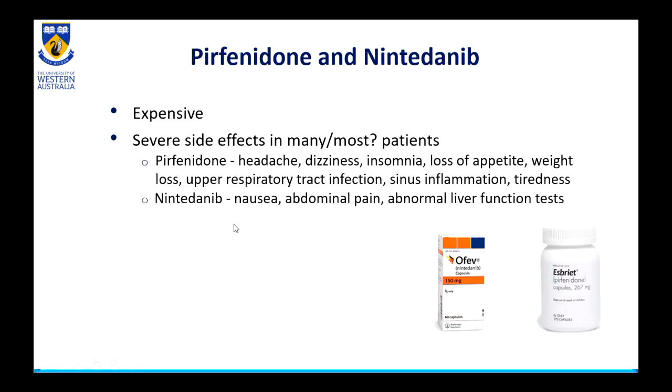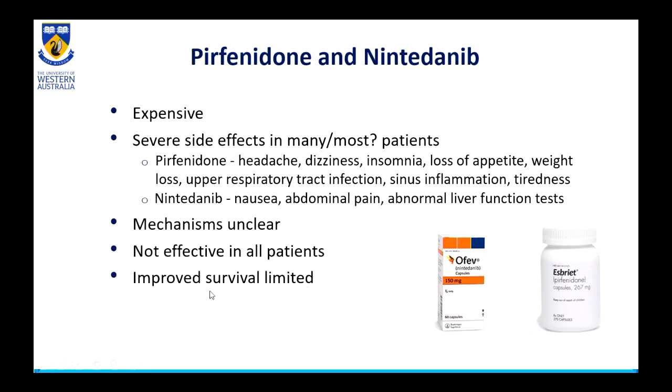Nintedanib, which is a better drug, I think, however, in some patients causes nausea, abdominal pain, and abnormal liver function tests. So it tends to be not the drug of choice. The mechanisms are unclear, particularly with pirfenidone, and it's not effective in all patients. Improved survival, limited. But the thing is, it's still the best we've got, and it probably will be for some time.